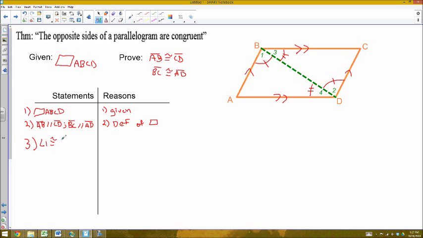Angle 1 will be congruent to angle 2, and angle 3 will be congruent to angle 4, because lines are parallel if and only if they form alternate interior angles, which are congruent. Then I'm going to point out one other observation, if you haven't noticed it yet, that segment BD is going to be reflexive to itself.